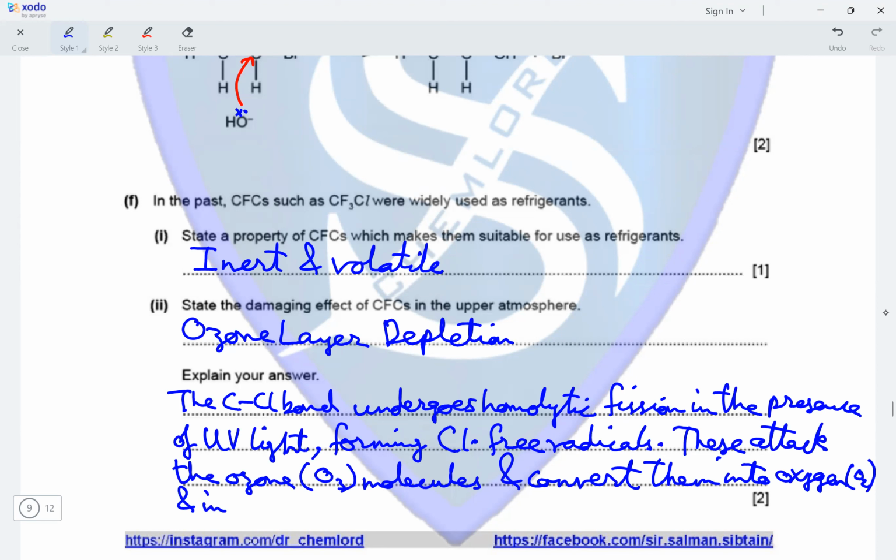And in doing so, the ozone layer gets depleted. So this is why CFCs are harmful for the environment.